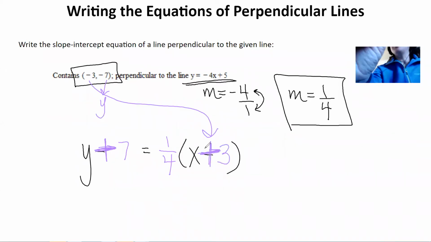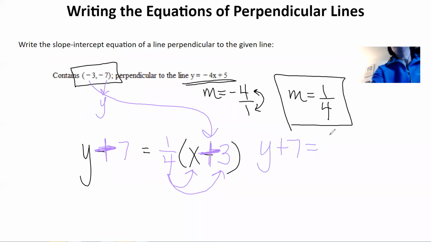Now we're going to do that distributive property. We're going to multiply that 1/4 across. So we're left with y plus 7 equals 1/4 x plus 1/4 times 3. It's the same as 3 times 1, and then 4 times 1, so 3/4.